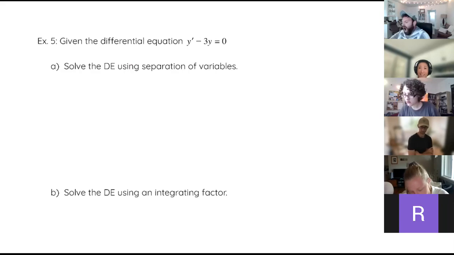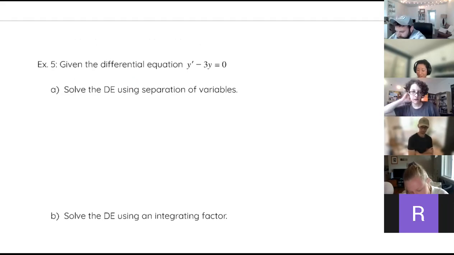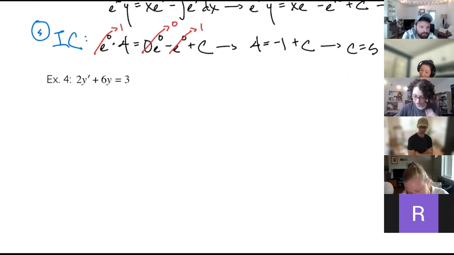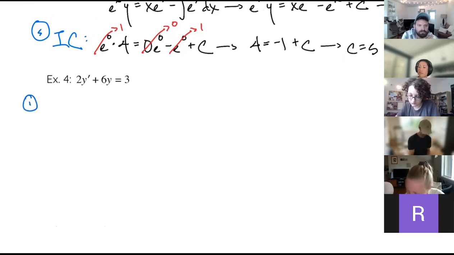So that being said, let's take a look at example 4. And we have 2y prime plus 6y equals 3. Do we need to do anything before we find our mu of x? I see some heads nodding yes. What do we need to do here?